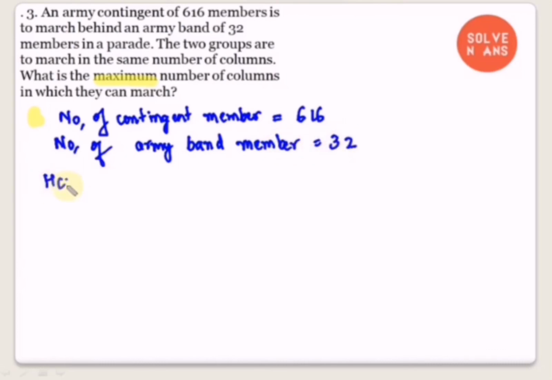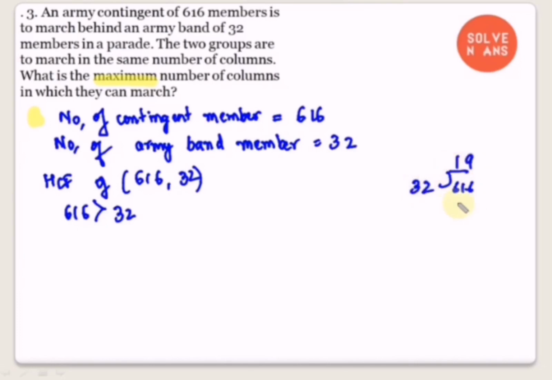Now you calculate the HCF of 616 and 32, and that will give you the number of columns in which they can march. 616 is greater than 32, so you divide it in a rough work column, and you go on dividing till you get 0. Here you did not get a 0, so this step has to be written here: 616 equals 32 into 19 plus 8.